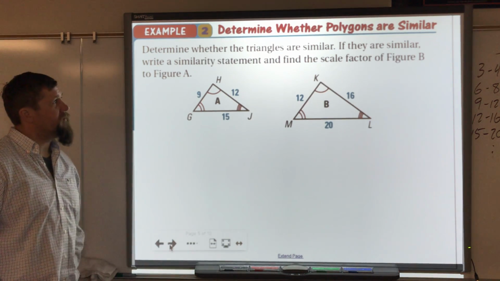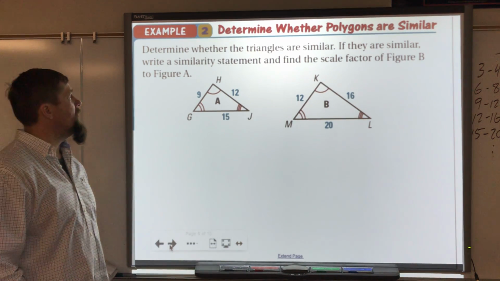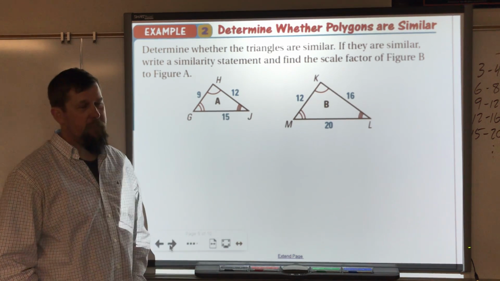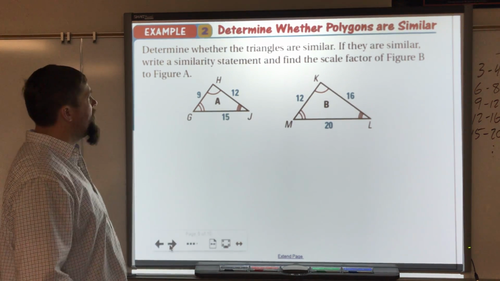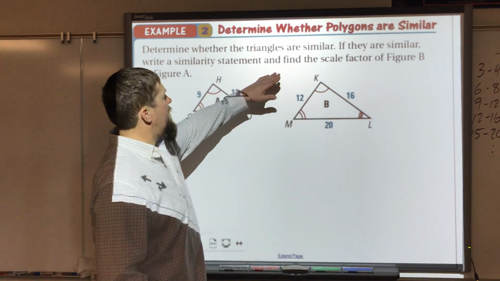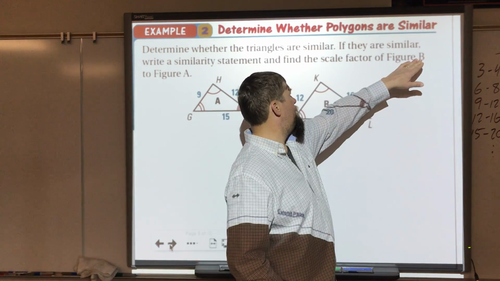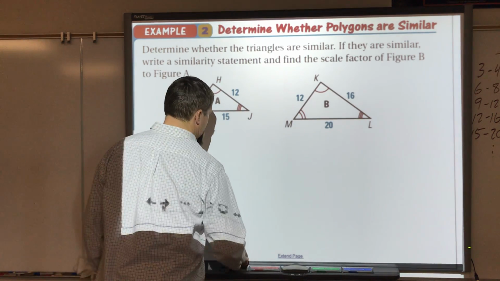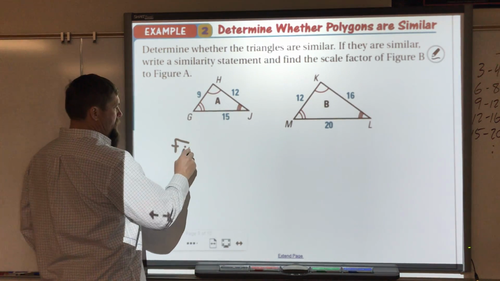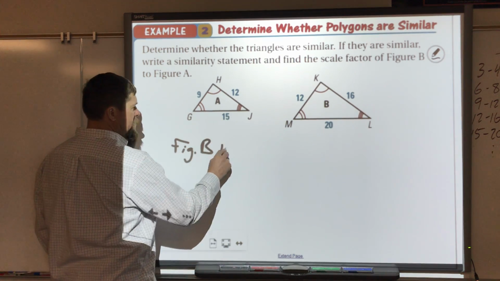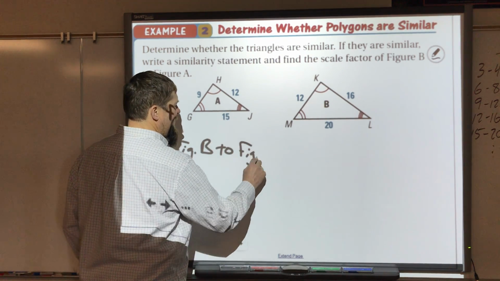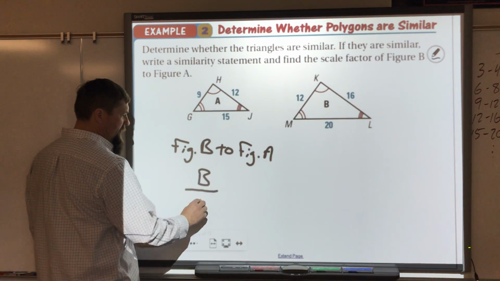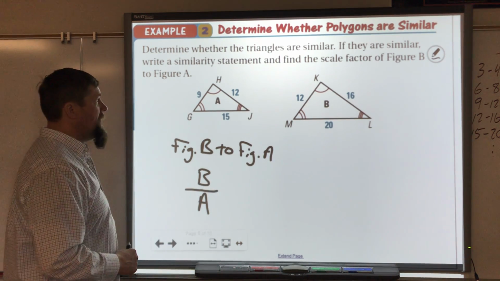Determine whether the triangles are similar. If they are similar, write a similarity statement. Some of us need a little help with that, but it says find the scale factor of figure B to figure A. When they say it that way, you need to make sure that whatever B is, it's over whatever A is.